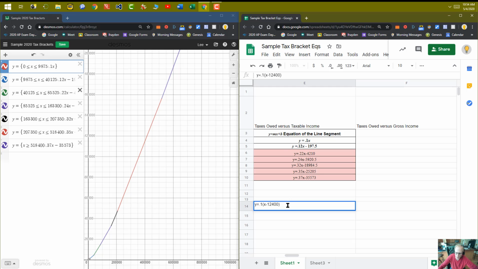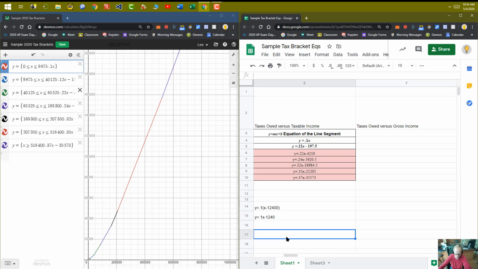Now if I convert that into slope-intercept form once again by distributing, I'm going to get y equals 0.1x minus, and then 0.1 times 12,400 is 1,240.